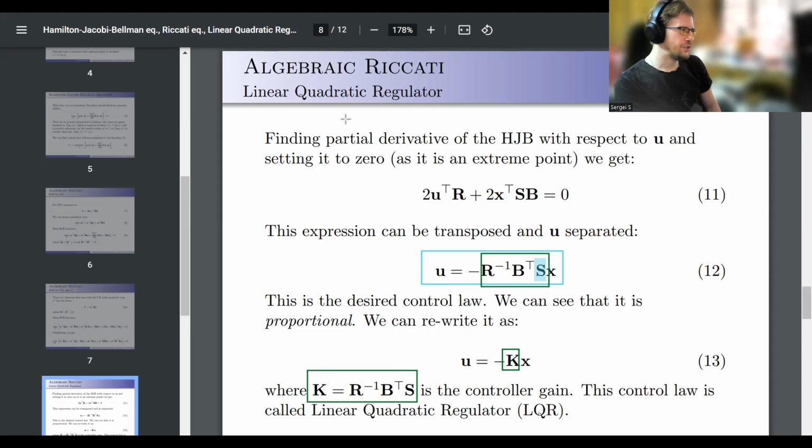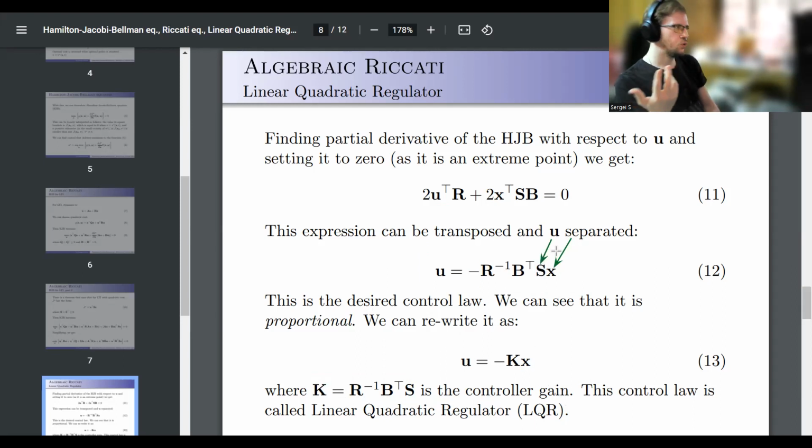One interpretation is to say the control law takes x and transforms it in accordance with the optimal cost-to-go.